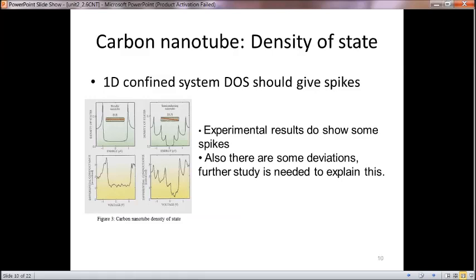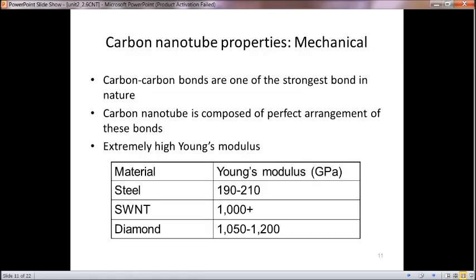And carbon nanotube properties based on the mechanical aspect: the carbon-carbon bonds are one of the strongest bonds in nature. It is composed of a perfect arrangement of these bonds, as it has a lattice structure, and these are self-healing. These have a self-healing property, and so self-arrangement will be there. So extremely high Young's modulus will be there.